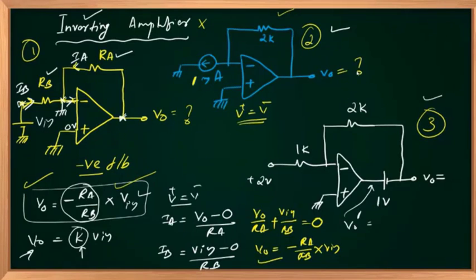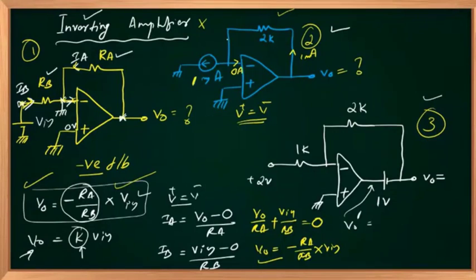Sanjeev says 2 volts, Adina says 2 volts, Malavika 2 volts. Okay, 2 volts. So now the current flowing into the op-amp is 0 amperes because the op-amp is ideal. The entire 1 milliampere flows through this resistor.